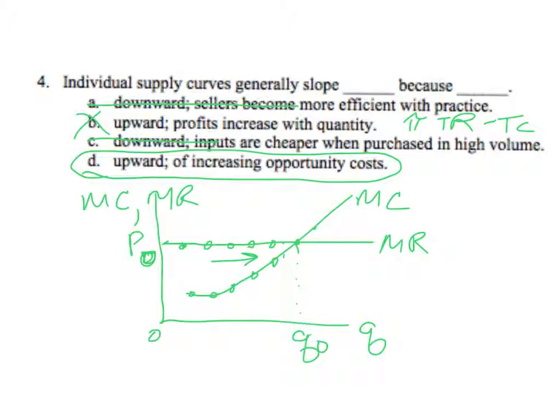If you kept increasing output, notice that Q0 plus 1 cost me more to produce than I received in price, so I'm going to lose money doing that, so I wouldn't do that if I'm rational. So produce where price equals marginal cost.